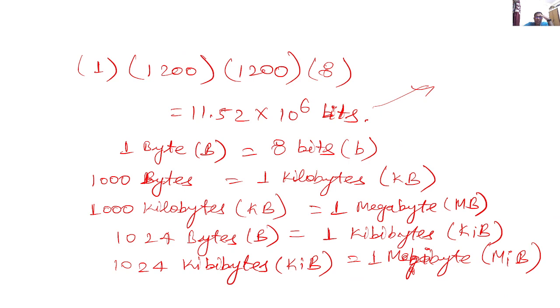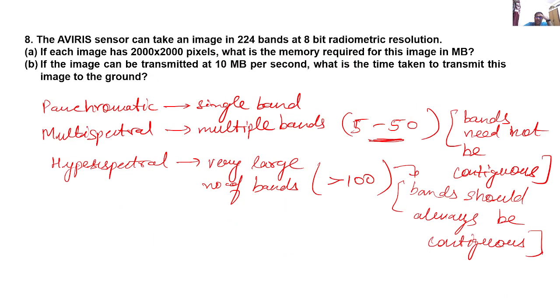Now let's move to that question of hyperspectral remote sensing. The question states that the AVIRIS sensor can take an image in 224 bands at 8-bit radiometric resolution.